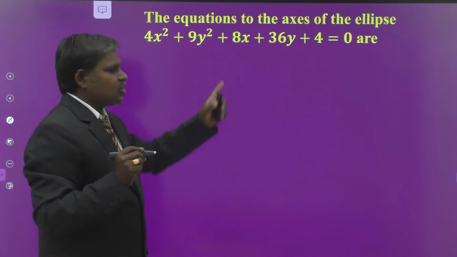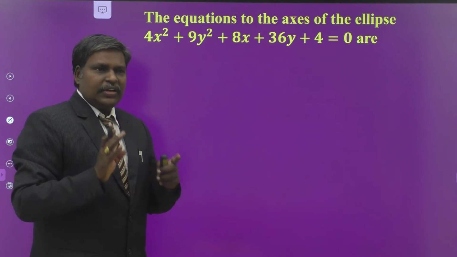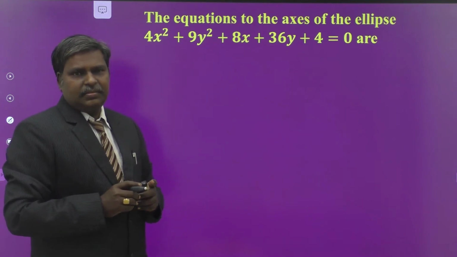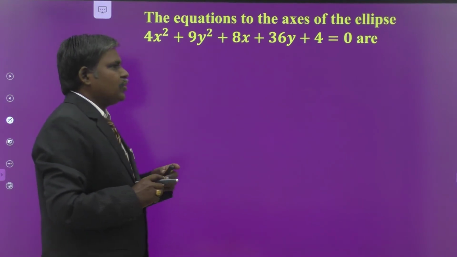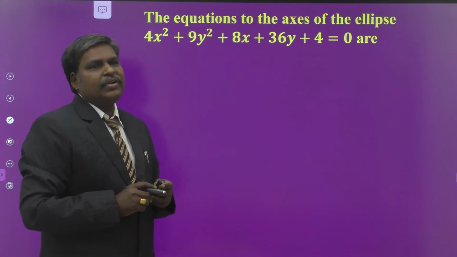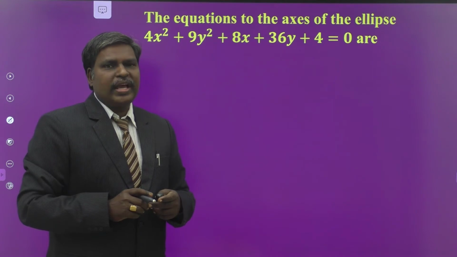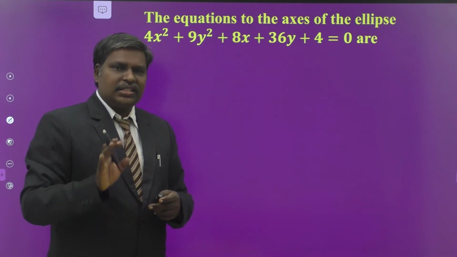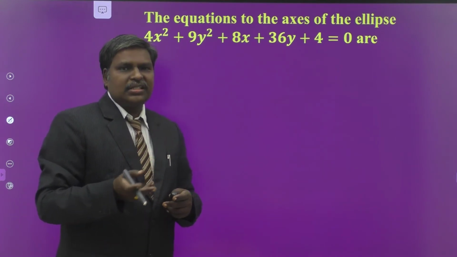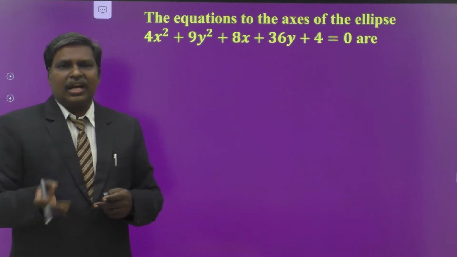But if there is no xy term in the equation, definitely there will be axes. Partial derivative with respect to x, we get one axis. Partial derivative with respect to y, we get the other axis. By solving those two axes, we get the center of the ellipse.